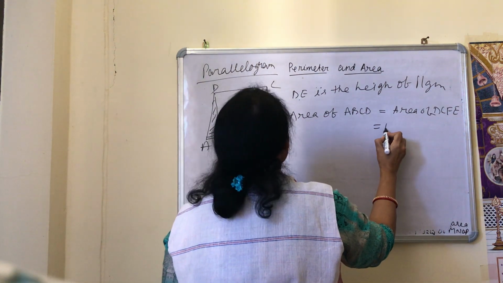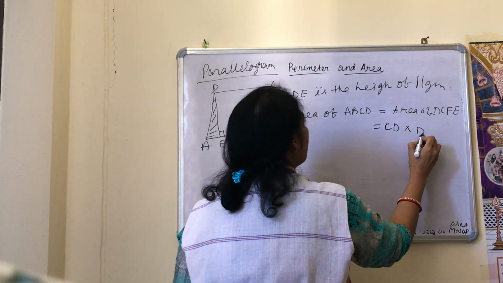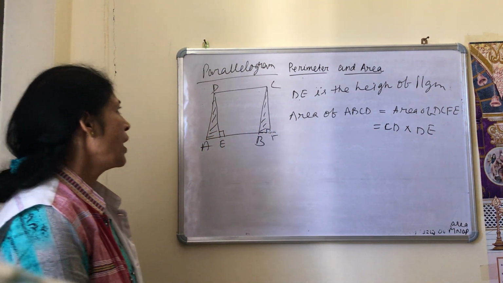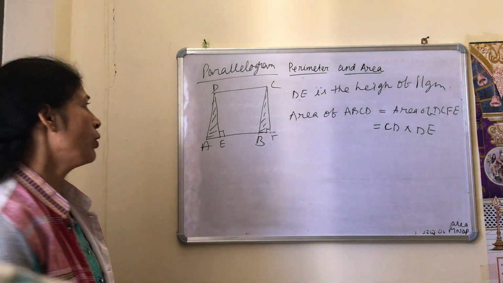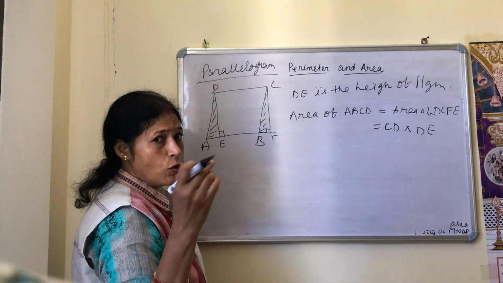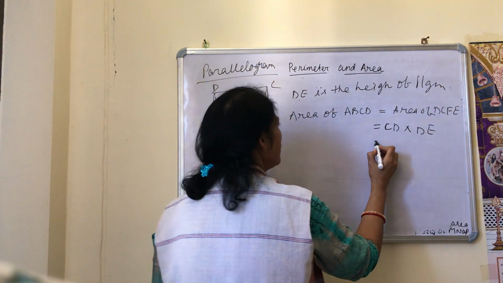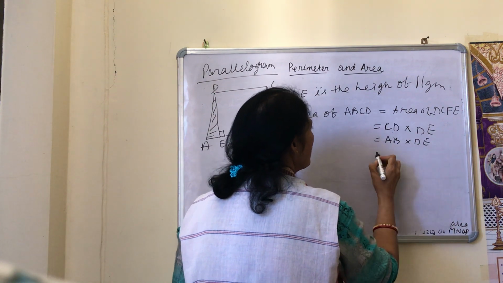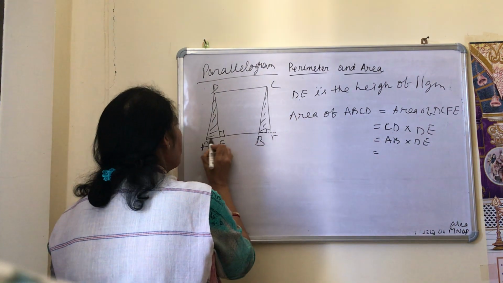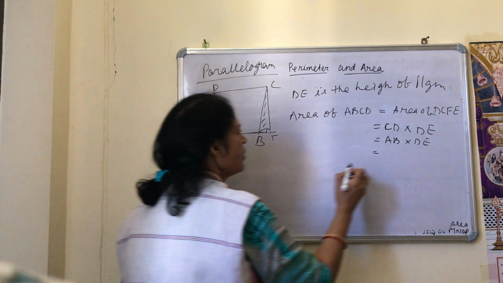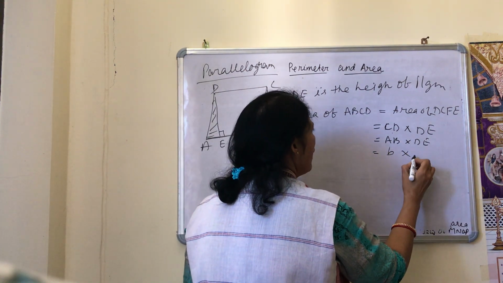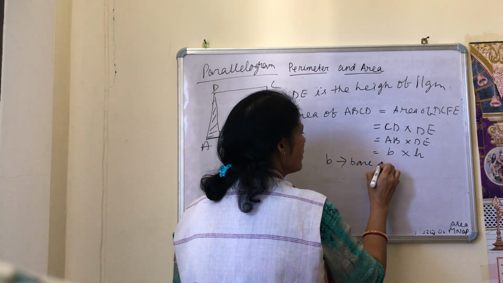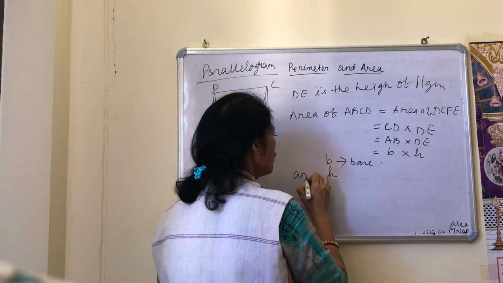So CD into DE, where CD and AB are equal. Yes or no? Because the opposite sides are equal. So instead of CD you can write AB into DE. So AB means the base of the parallelogram. In short, you can write B, and DE is H, where B is the base and H is the height.